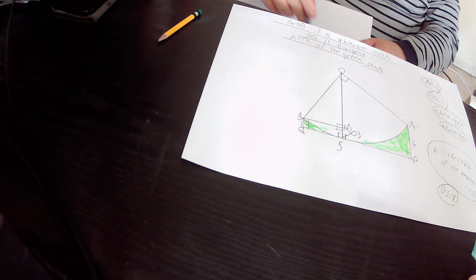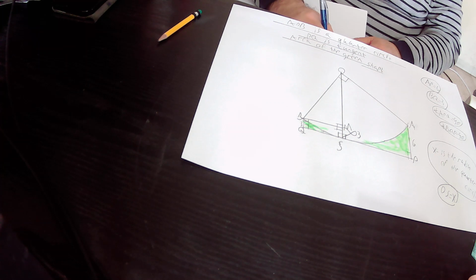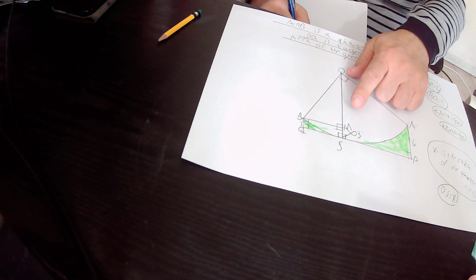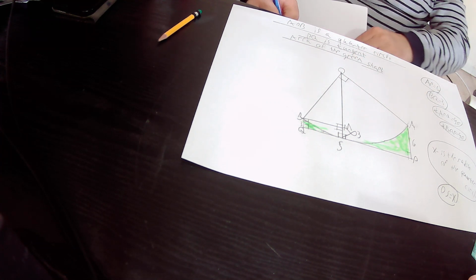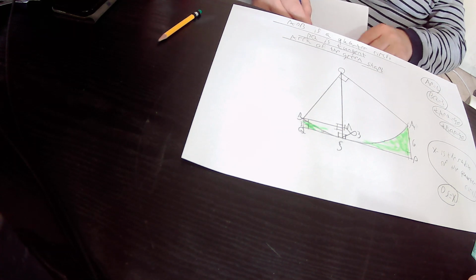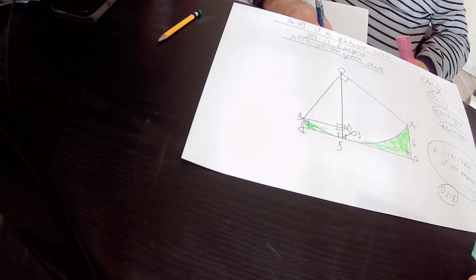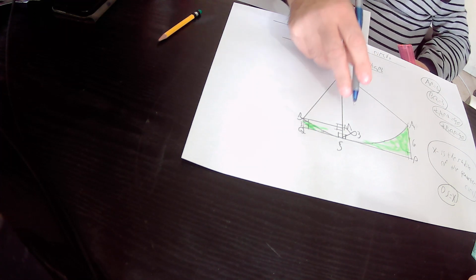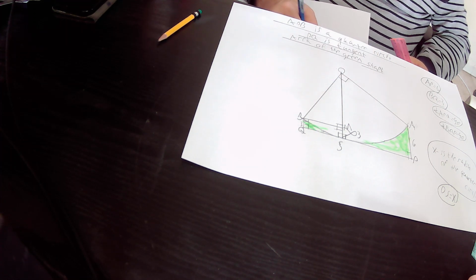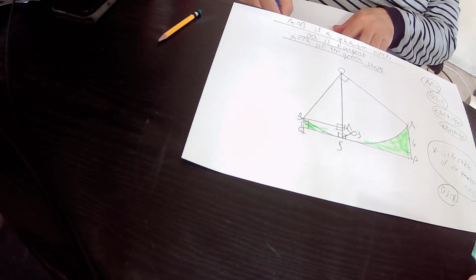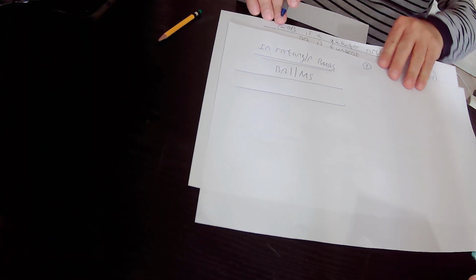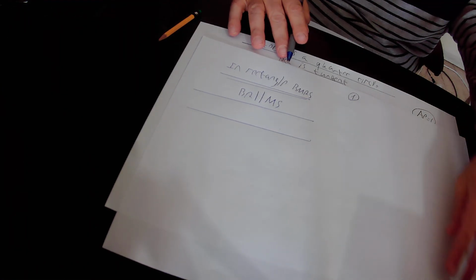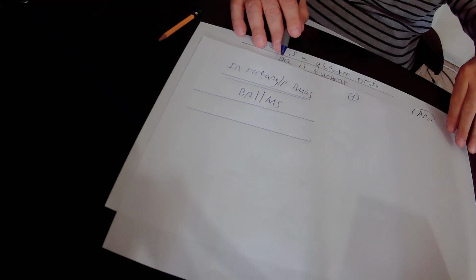In rectangle BMQS, side BQ must be parallel to the opposite side MS.